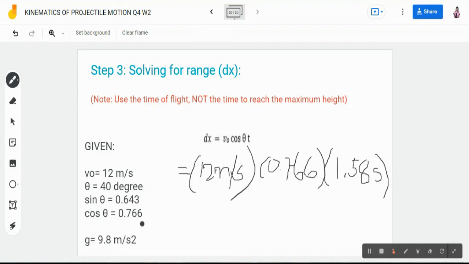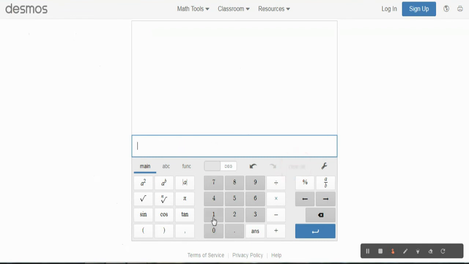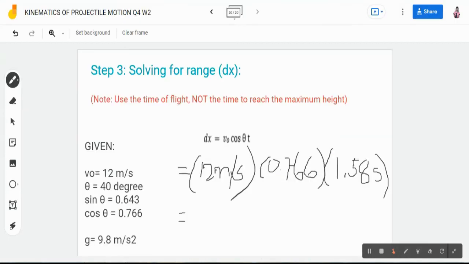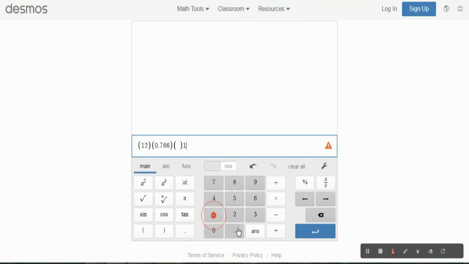So, multiply lang natin silang tatlo. 12 times 0.766, and then yung ating time of flight na 1.58 seconds. So, tingnan natin. Ayan. So, ang sagot natin is 14.5 meters.